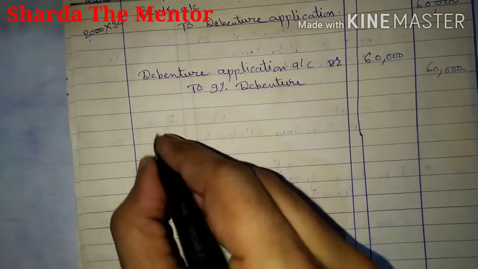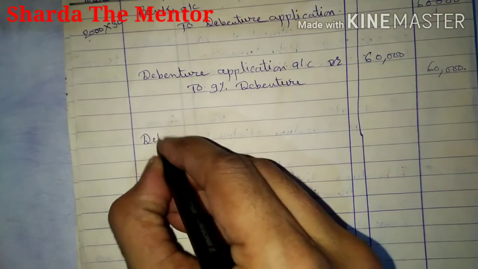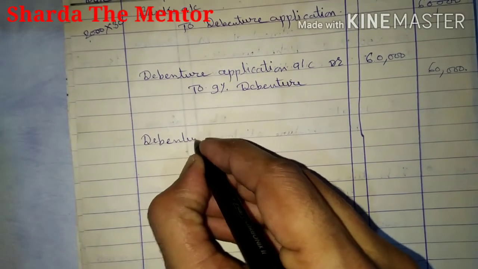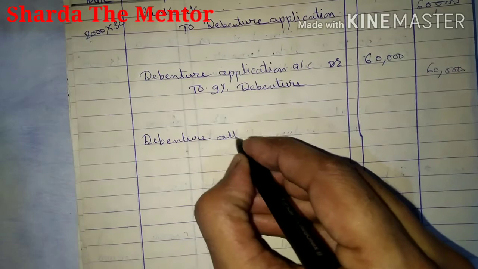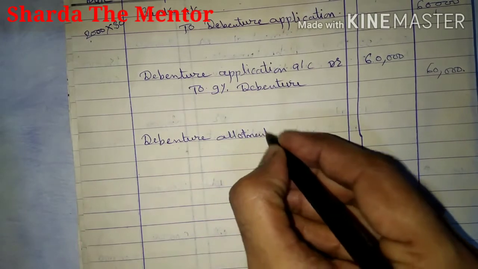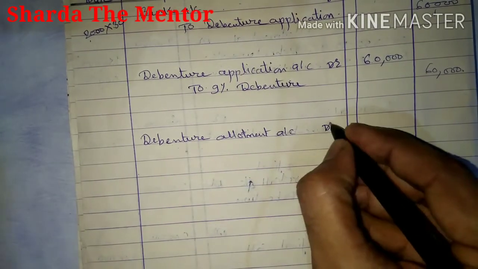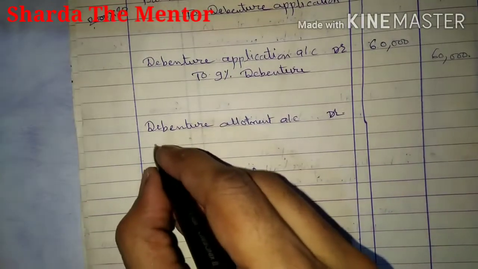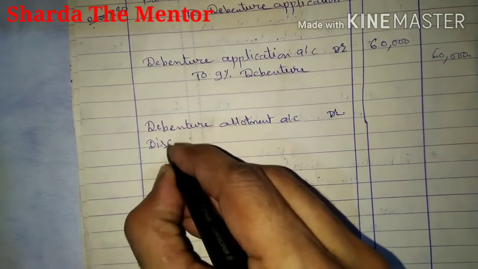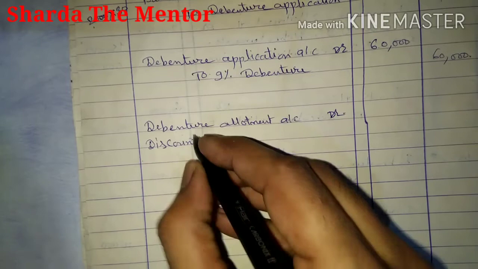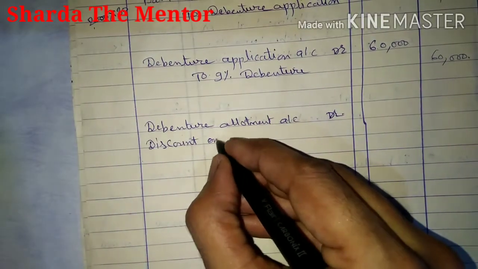Now the next entry, that is the due entry. So debenture allotment account debit, and I already told in the previous video that discount will be debited because it is considered a loss of the company.